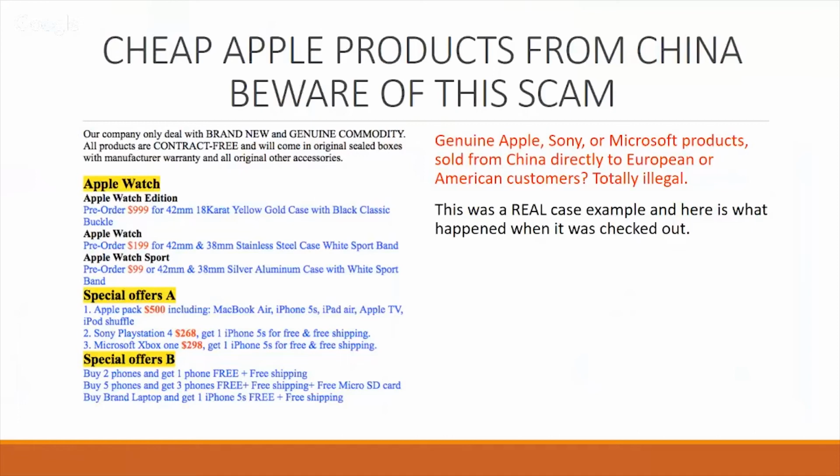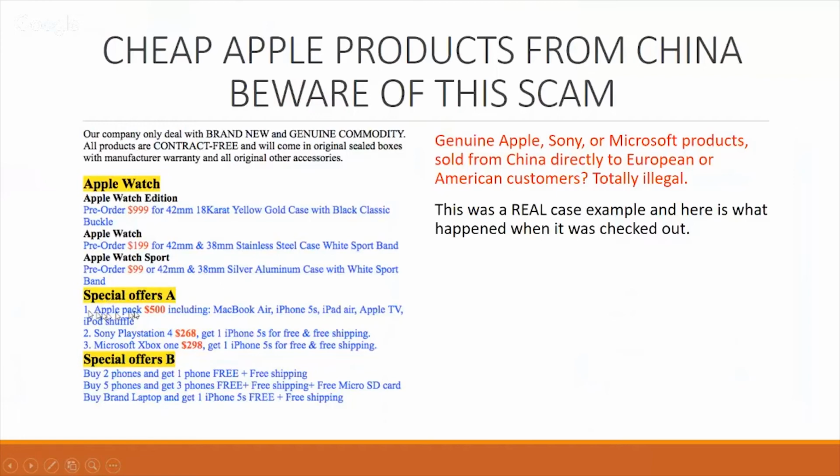What is this offering? An Apple Watch Edition pre-order for $999, a 42mm 18-karat yellow gold case, woohoo, with black classic buckle. Apple Watch pre-order $199. This is stainless steel. $99 for that silver aluminium case. All looking pretty good.